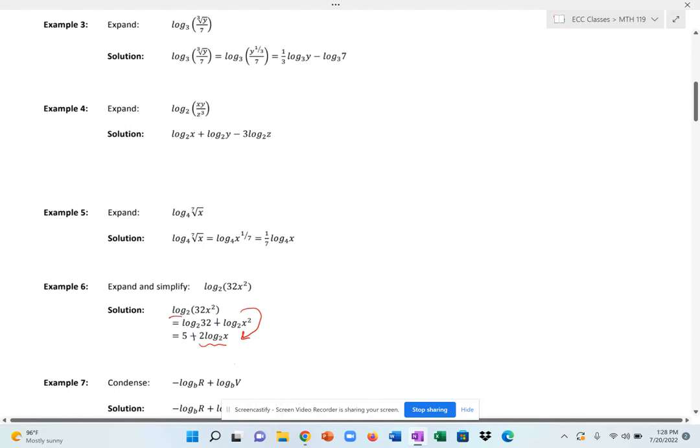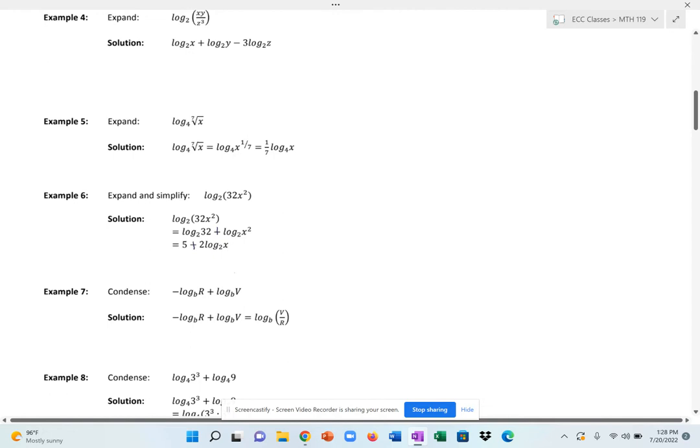And the reason why this logarithm becomes a 5 is because I'm using what I know about logarithms. 2 to what power equals 32? And the answer is the number 5. 2 to the 5th power is 32, so 5 would be the answer for that logarithm. Remember, evaluating a logarithm, if it can be done without a calculator, like we can in this case, is just the exponent associated with the base.